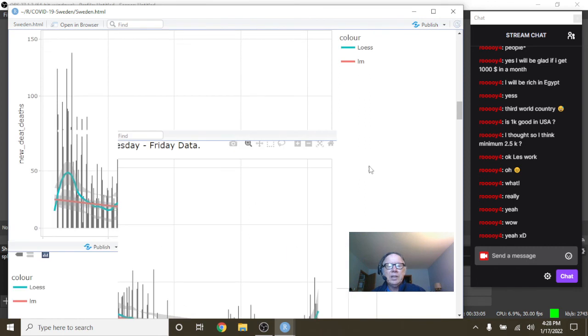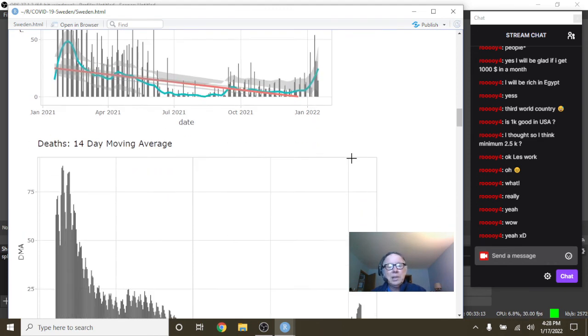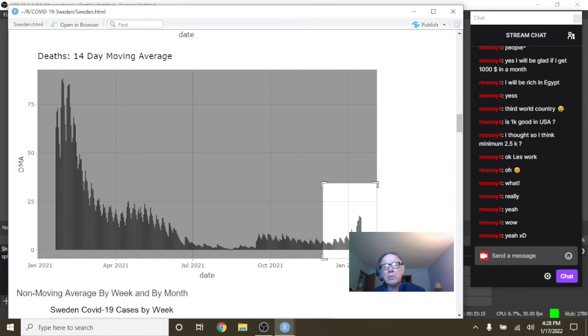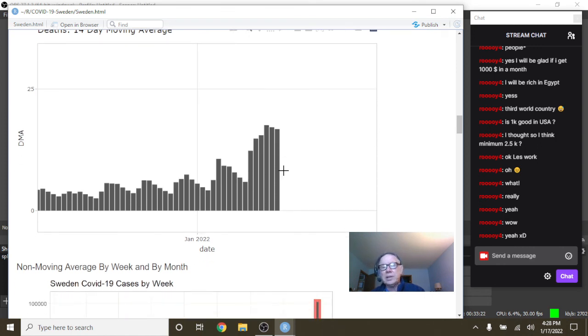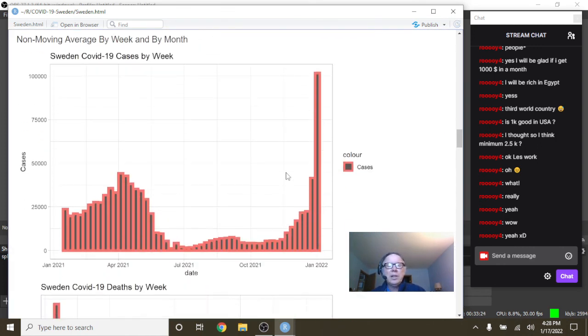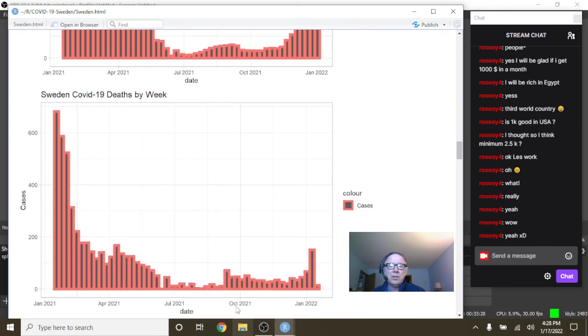In terms of deaths, and this is a bit of a concern, you're starting to see a spike up in COVID-19 deaths in Sweden. Again, we can come over here and see the last number. The last number was 16.7 deaths per day on average as of January the 16th. This is weekly cases. This is weekly deaths. Deaths are still remaining fairly low.